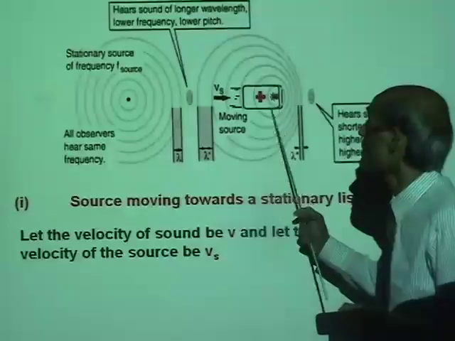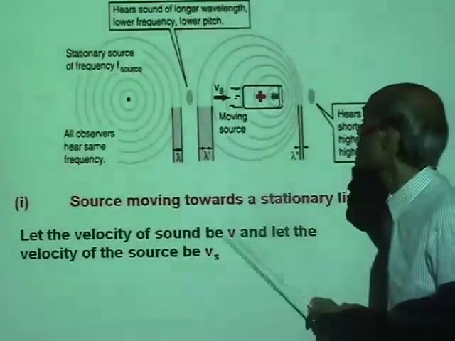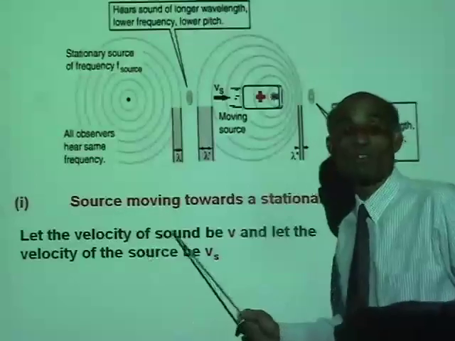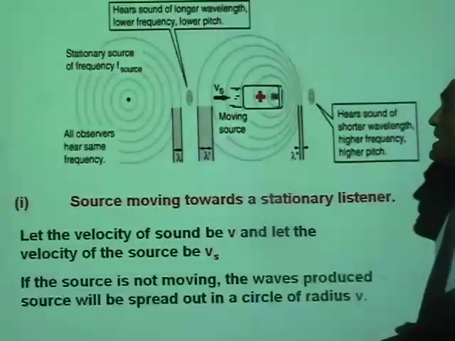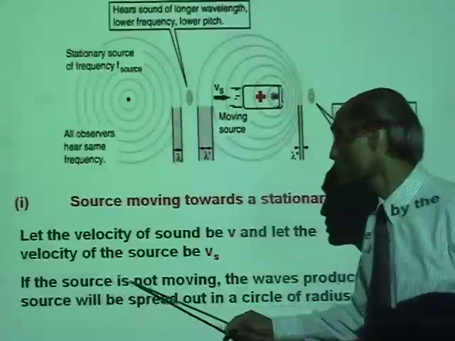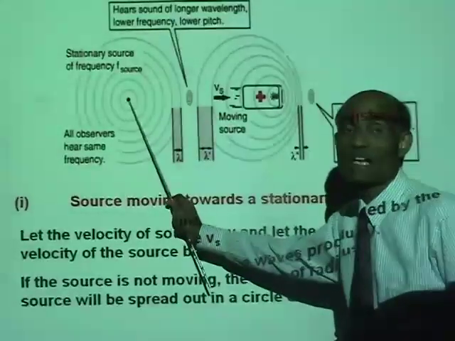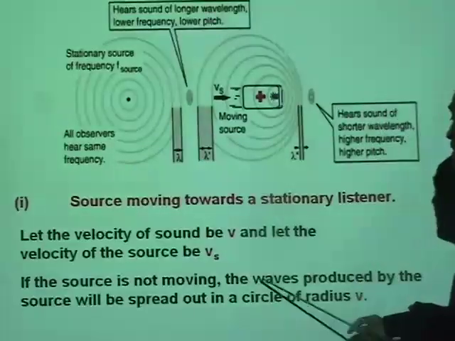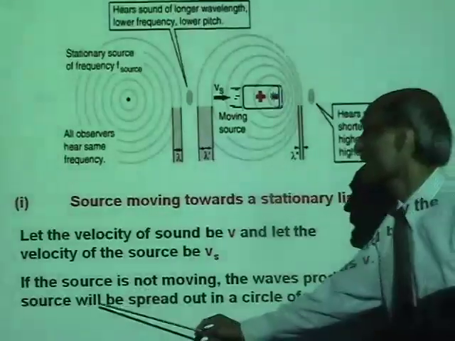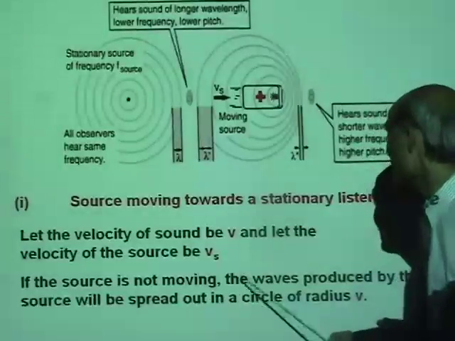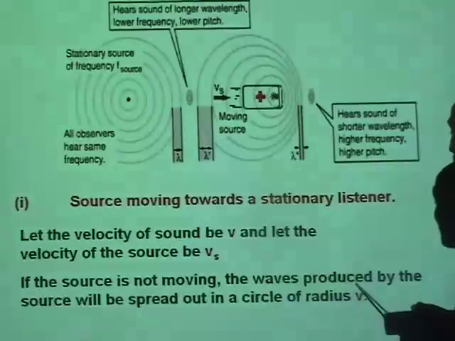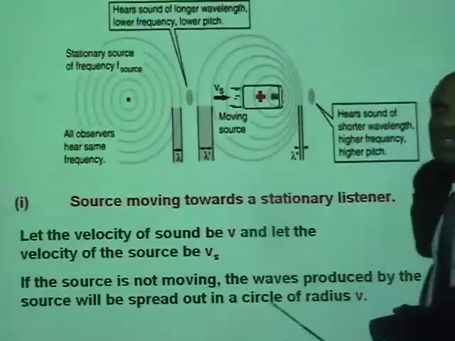So the velocity of the ambulance is v sub s, and of course the velocity of the sound is v. If the source is not moving, that is the situation on the left, the waves produced by the source will be spread out in a circle of radius v. Do you understand that?